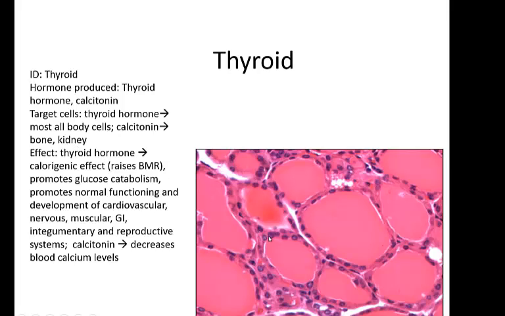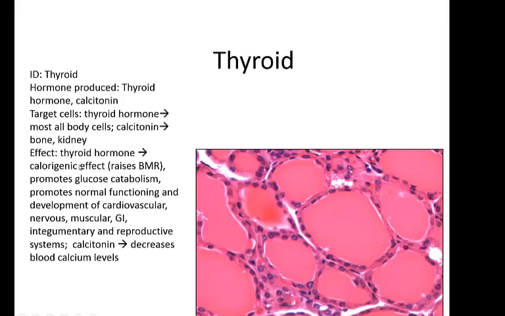Thyroid hormone is your major metabolic hormone. It has a calorigenic effect, meaning it raises your basal metabolic rate, because it promotes glucose catabolism, the breakdown of glucose so you can make ATP. But look at all the other stuff it does. It promotes the normal functioning and development of all your body systems: cardiovascular, nervous, muscular, gastrointestinal, integumentary, and reproductive systems.